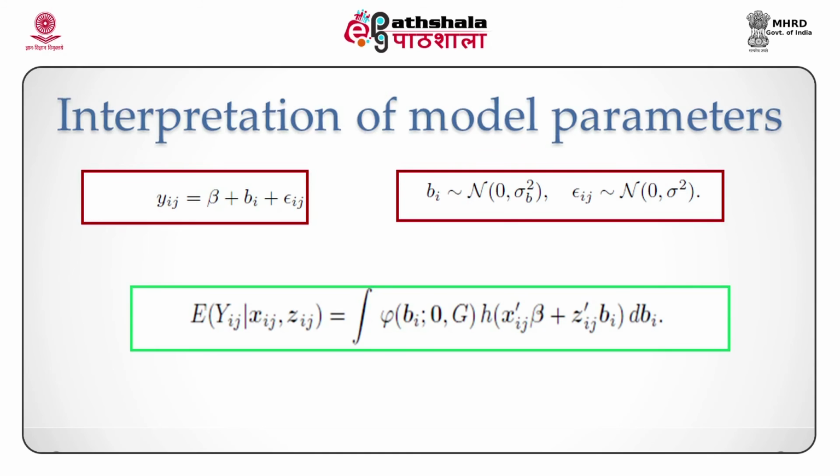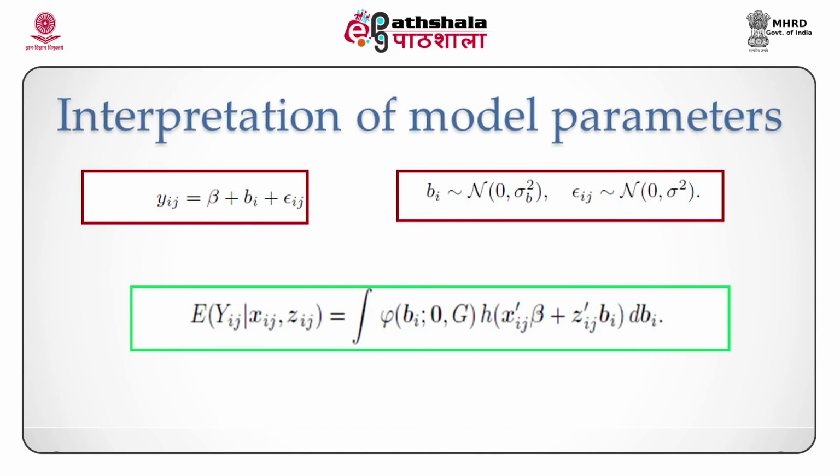In fact, it will not be equal to h of Xij prime beta, based on what we know about the expectation of nonlinear functions. Thus, the parameter beta here does not have the clear interpretation of an overall averaged mean.